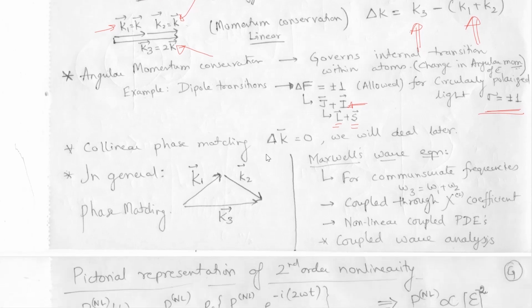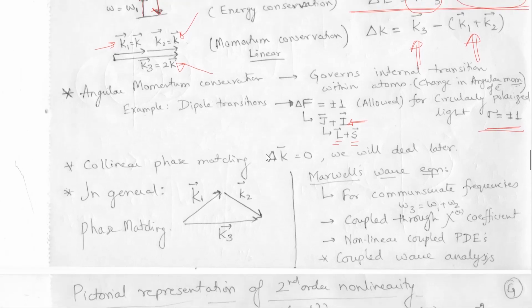So what we are going to look at is this business of phase matching, which is the matching of the linear momentum. But now let's focus our attention on collinear phase matching. That is, my K1 and K2 are also co-propagating with respect to K3.